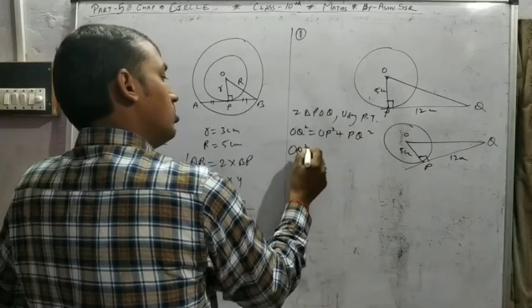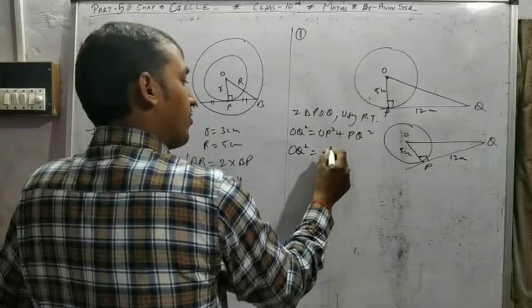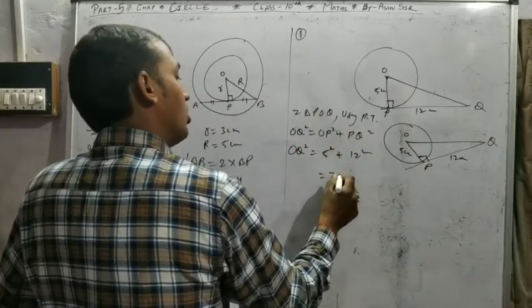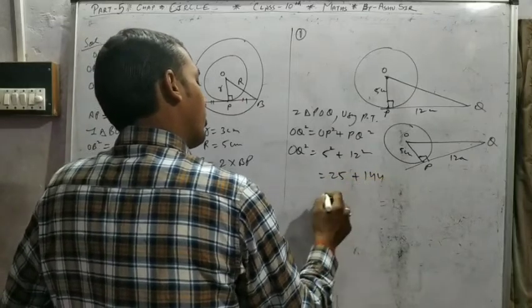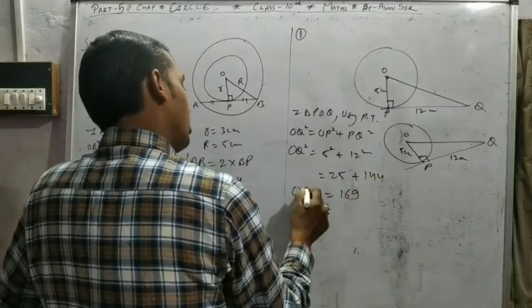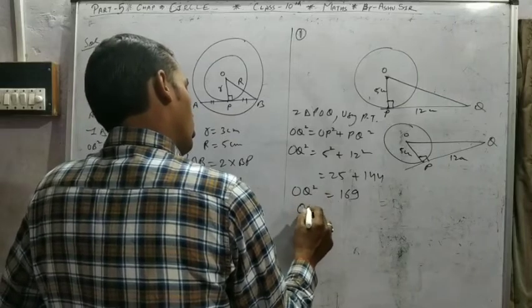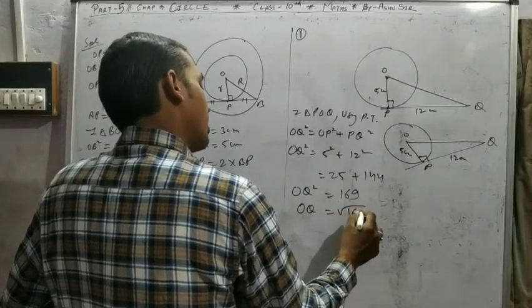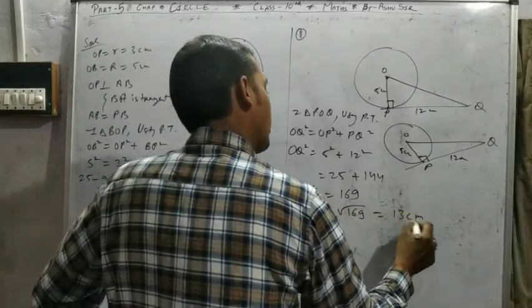OQ you don't know. OP 5 square, 12 square, 25 plus 144, 169 is OQ square. OQ is equal to root 169, that is 13 centimeter.